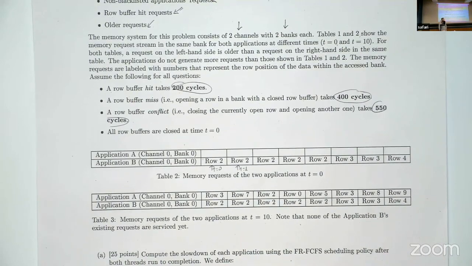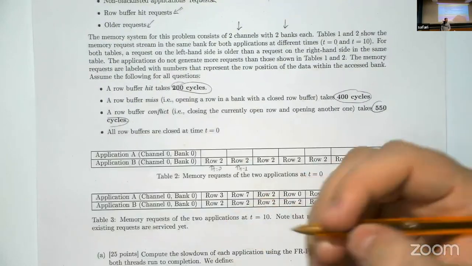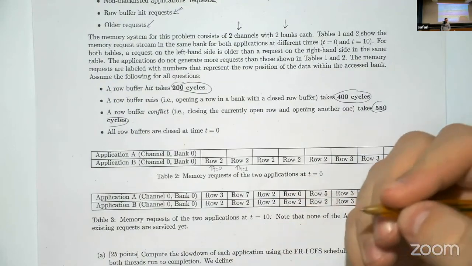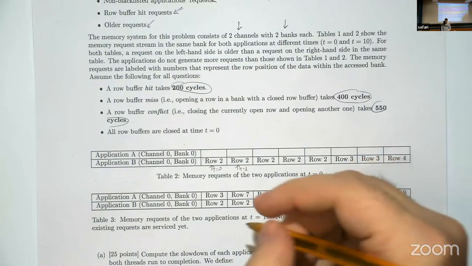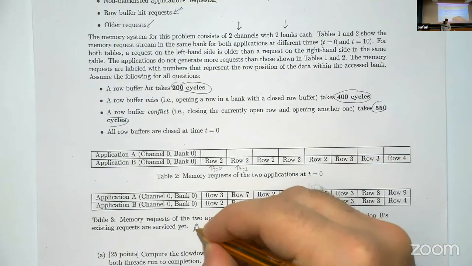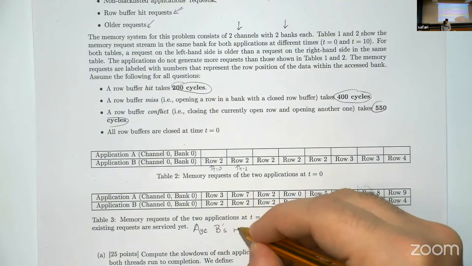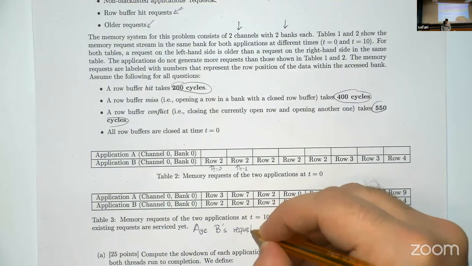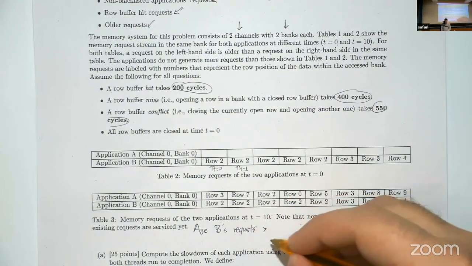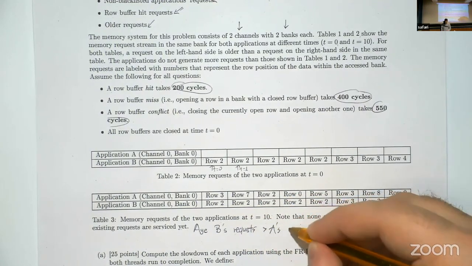What does this mean? All the requests of application B are older than the requests of application A. So in terms of age, B's requests are older than A's requests.